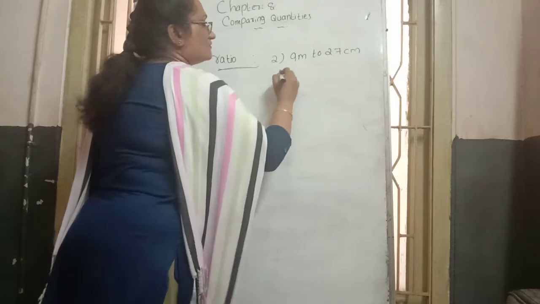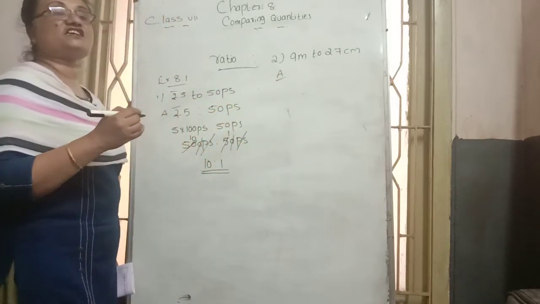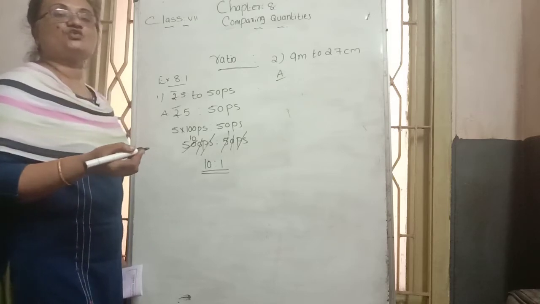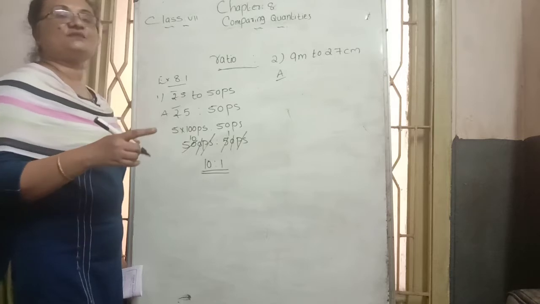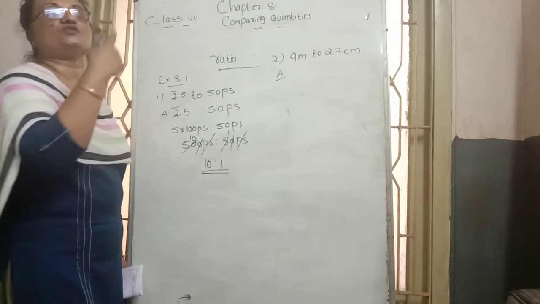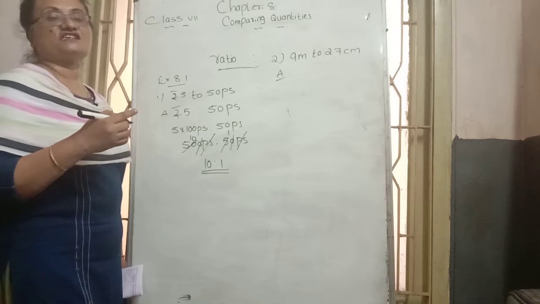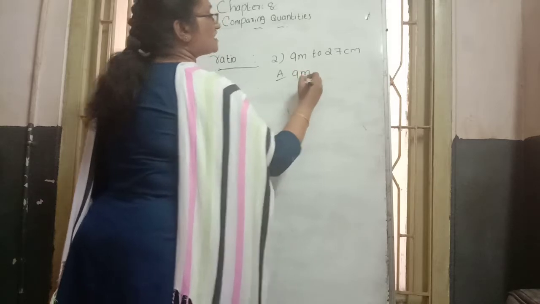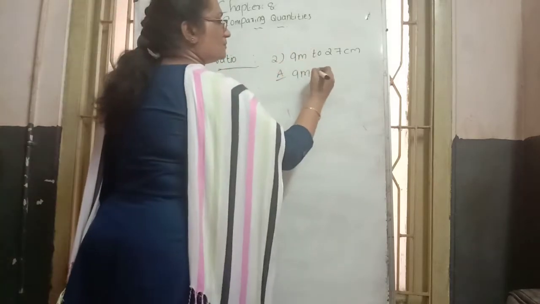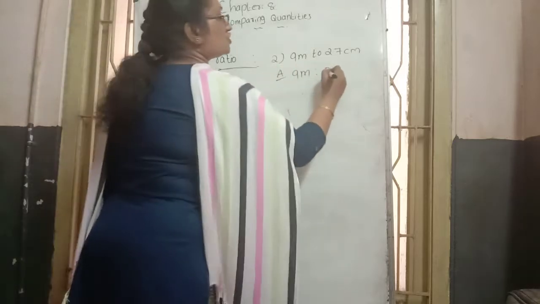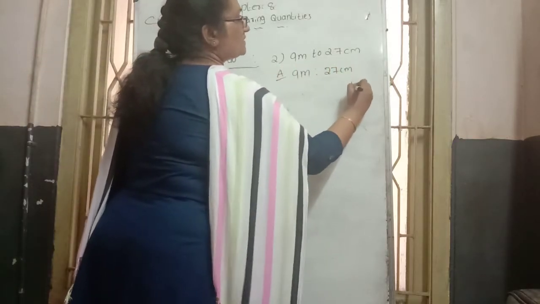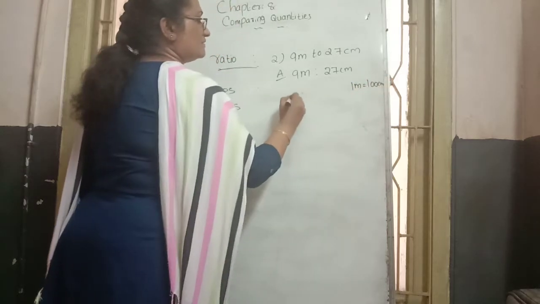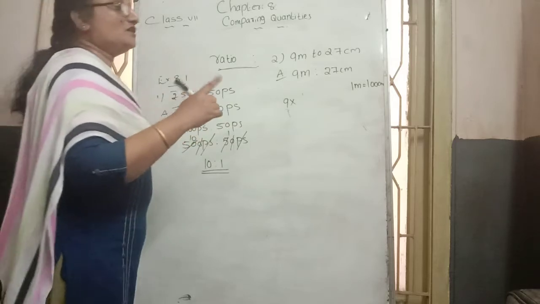First step, write it in ratio form. Then the second step, convert meter to centimeter. Meter is the higher unit, so converting the higher unit to the lower unit is easy. So first we write it symbolically as 9 meter, and instead of 'to' we put the ratio symbol, 27 centimeter. 1 meter carries how many centimeters? 100 centimeters.